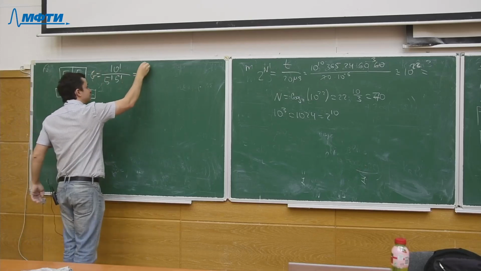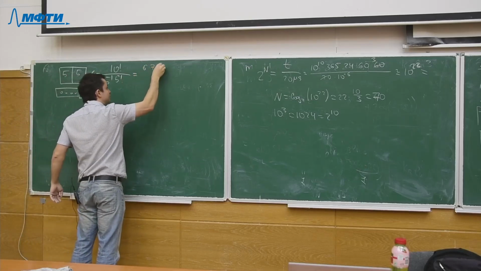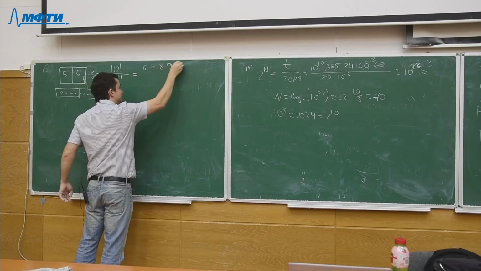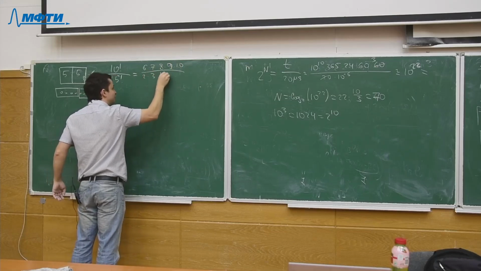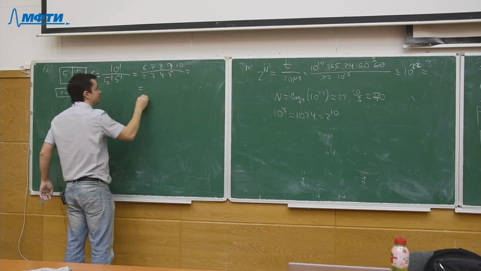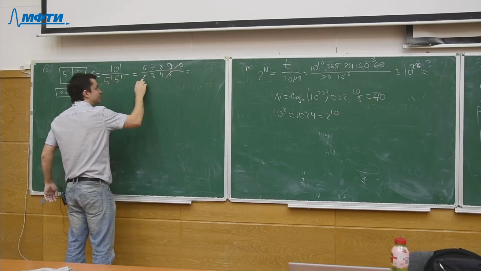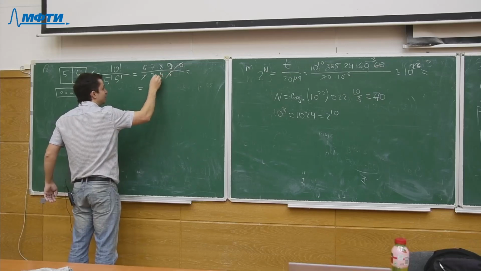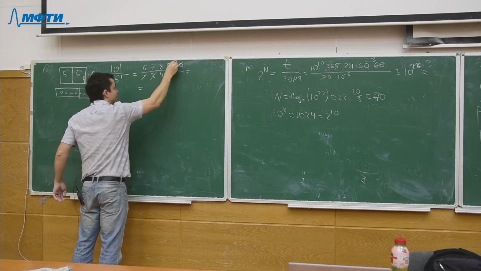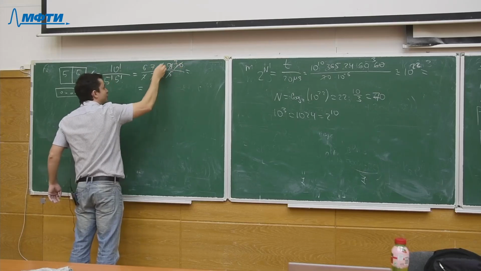Okay, so this is actually 6 times 7 times 8 times 9 times 10 over 2 times 3 times 4 times 5. And this can be quite easily calculated, since 10 is subtracted here. In here I have 3 and 4. So let's say 3 and 9 gives me 3. 4 and 8 gives me 2.